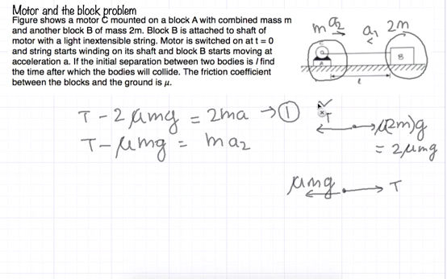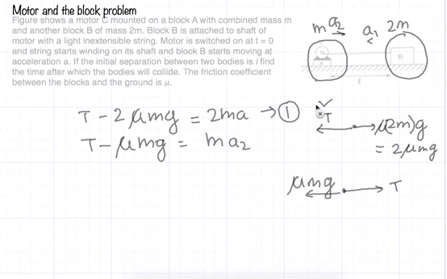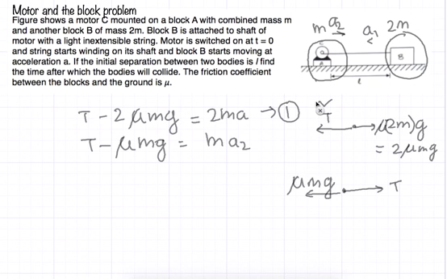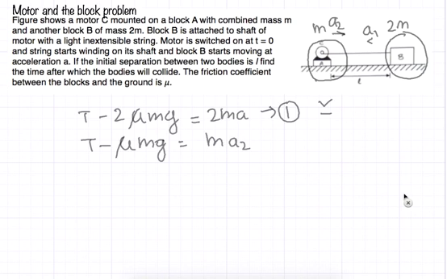Let me get some more space over here. All right, so how to get this? We have to find a2 in terms of a. What I'll do is subtract equation 1 from equation 2.